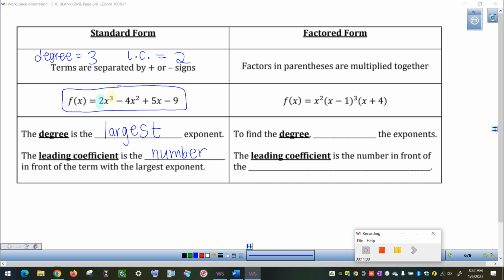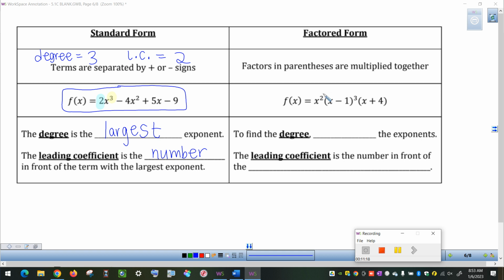So if you think about the factoring work that we did back in Chapter 4, we were factoring very simple polynomials at the time, but factored form always involves getting parentheses. What's happening here in between each piece is there's like invisible multiplication signs. So it's kind of like the x squared is being multiplied by the quantity x minus 1 to the third, and that's being multiplied by the quantity x plus 4.